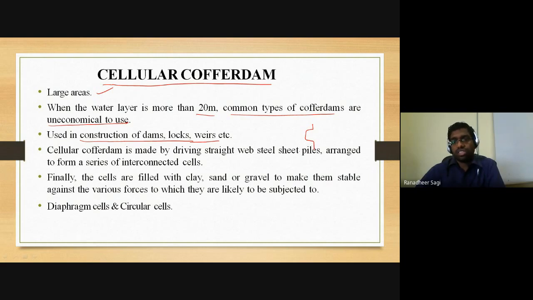So that whenever you have such a cross section, when one sheet is placed over the surface of the other sheet, you can have a proper interlocking between one sheet and the other with a proper jointing mechanism, arranged to form a series of interconnected cells. Finally, the cells formed in the construction of the cofferdam are filled with either clay, sand or gravel to make them stable.